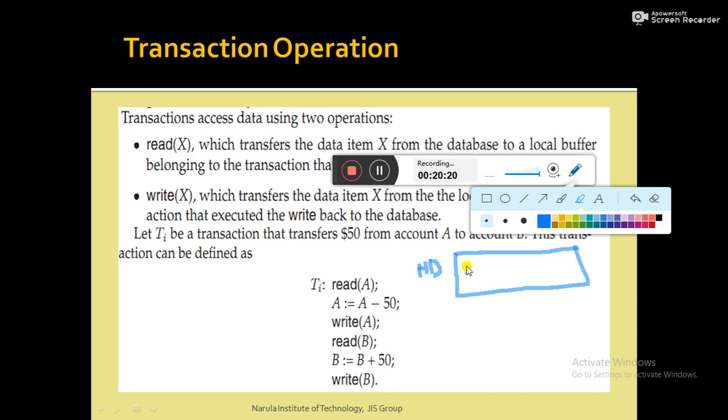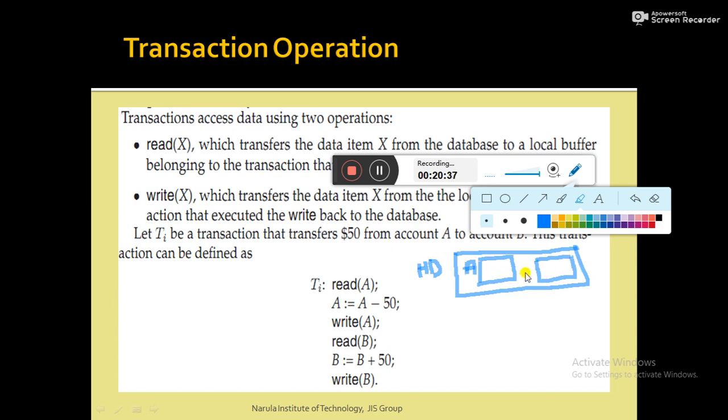So in the hard disk, account A is stored over here, and account B is also stored in the database.